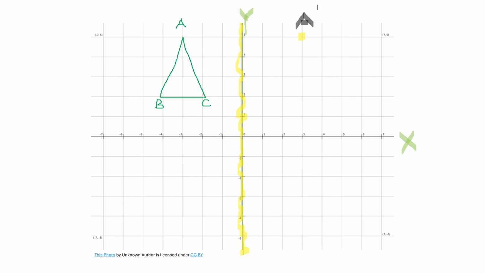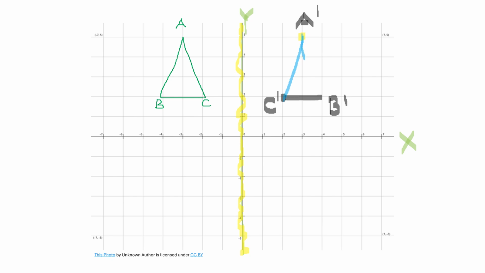Remember, this little stroke on the top shows you that this is the reflected image. Now, can you see I'm 2 units away from here? So the image closest to the mirror is C. So this will be C prime, and 2 units, this will now be B prime. So let's join those up together.